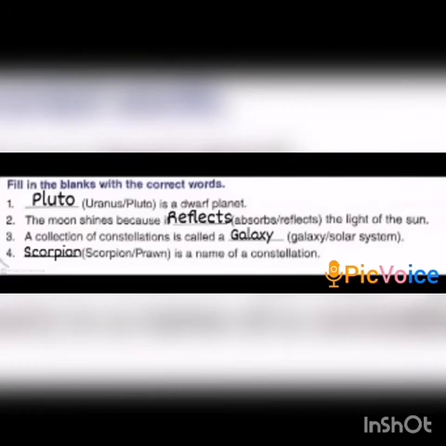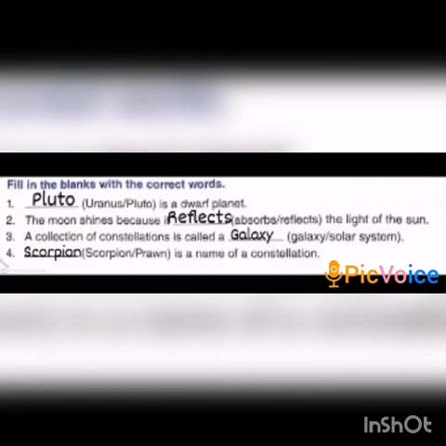Next one: the moon shines because it reflects the light of the sun. Absorbs or reflects? The answer is reflects. The third one: a collection of constellations is called a galaxy.